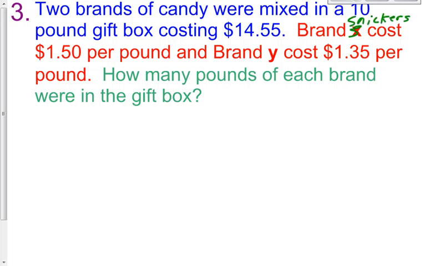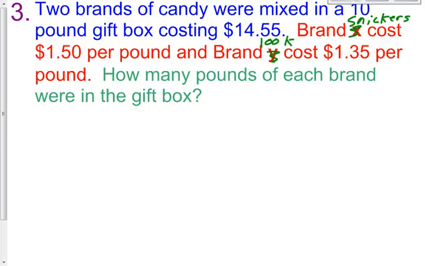Snickers cost $1.50 per pound, and brand Y, let's call that 100 Grand, 100K, cost $1.35 per pound. How many pounds of each brand were in the gift box?